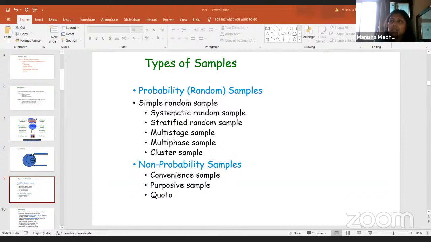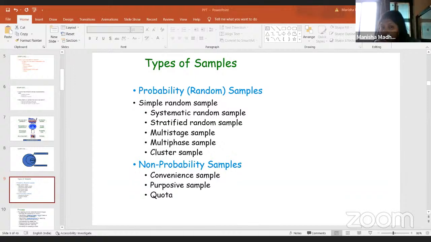So there is very little chance of being selected, okay, and each member of the population does not get an equal chance. Non-probability sampling is adopted when each member of the population cannot be selected, or when the researcher deliberately wants to choose members selectively. Okay, so there is no probability of being selected in case of non-probability sampling.